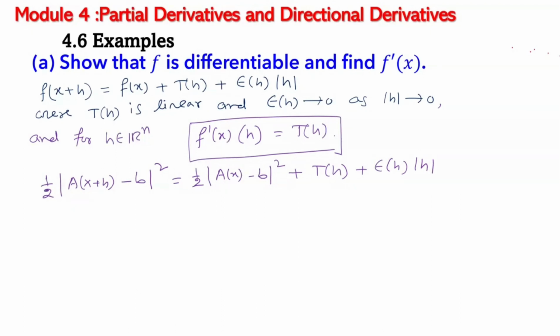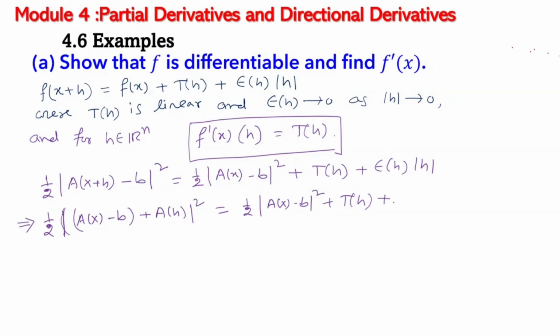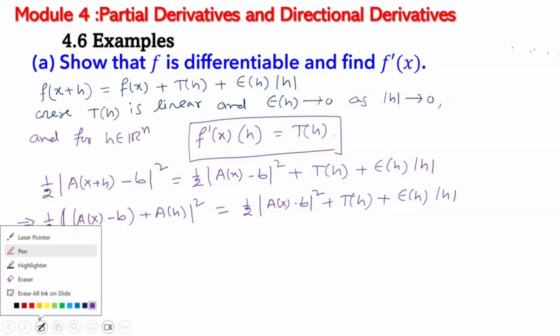We will classify the th and epsilon h after simplification. So now we can write it as a plus b whole square. This is Ax minus b plus Ah, whole square.